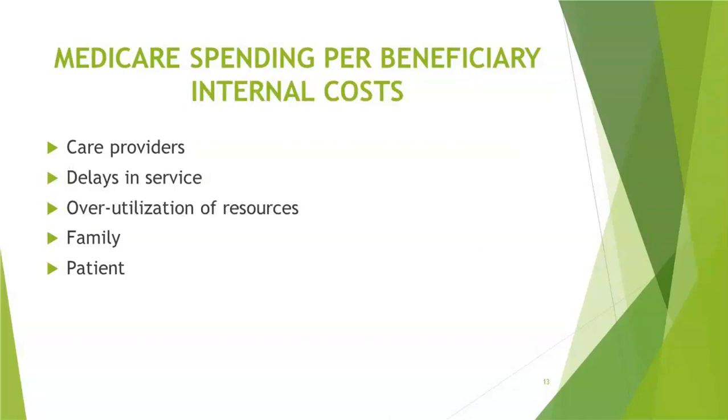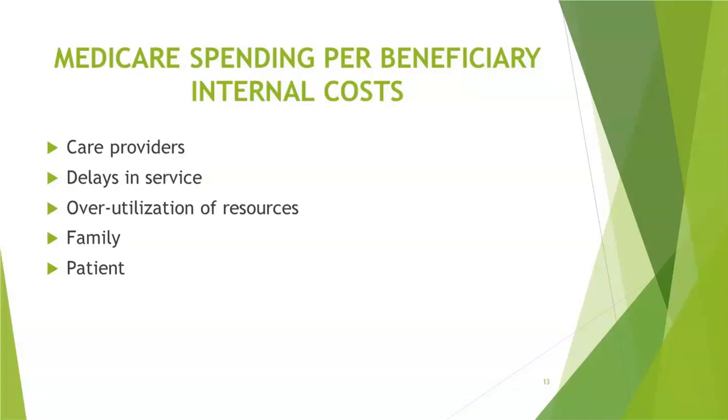Other things that are going to affect your score come from the costs that are incurred within the hospital itself, as I said before. And we're going to talk about measuring cost of care in a minute. But, of course, your care providers. Back in the day we used to say the physician had the power of the pen. Now I like to say the physician has the power of the mouse. And it's the physician who's likely to be over-ordering those resources. Delays in service, of course, a patient waiting for tests, treatments, procedures, consults. What does that do? That extends your hospital stay.